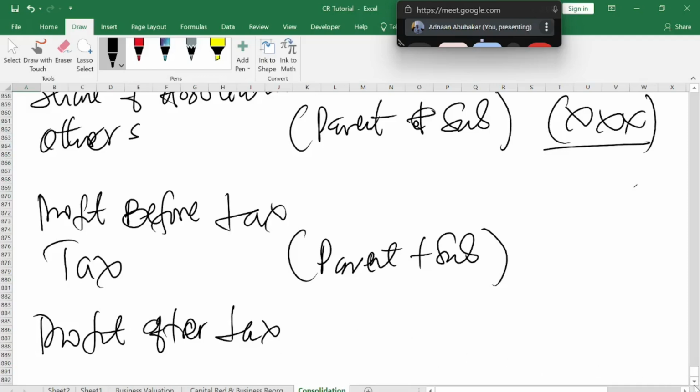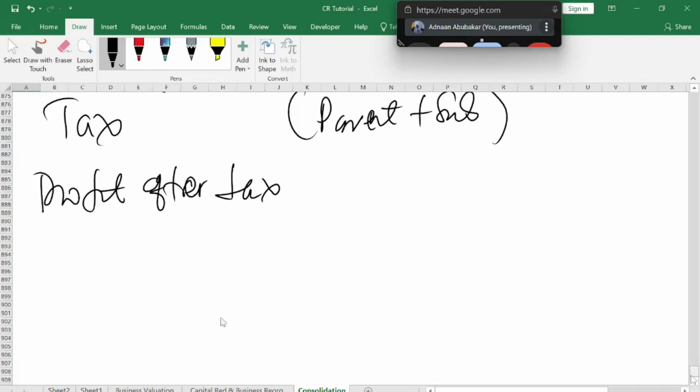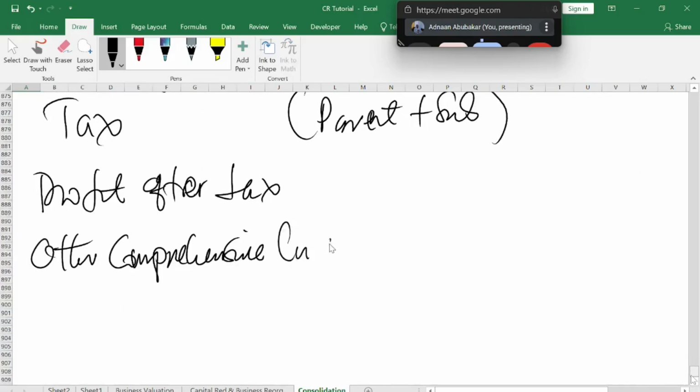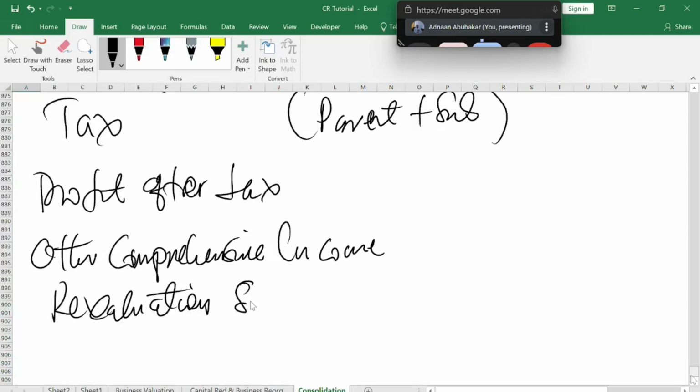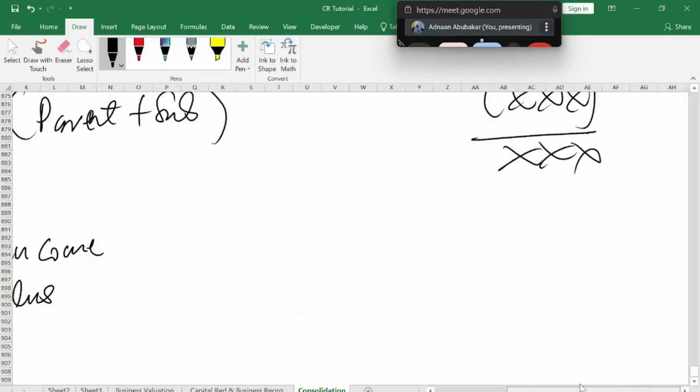Now, when you are done, you come and do what we call other comprehensive income. So for other comprehensive income, maybe you have your revaluation surplus or reserve. Maybe there's a company that has revalued its assets.